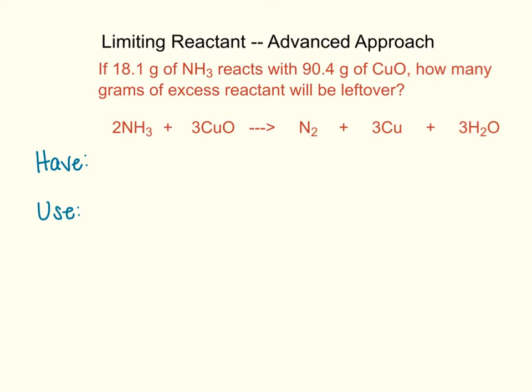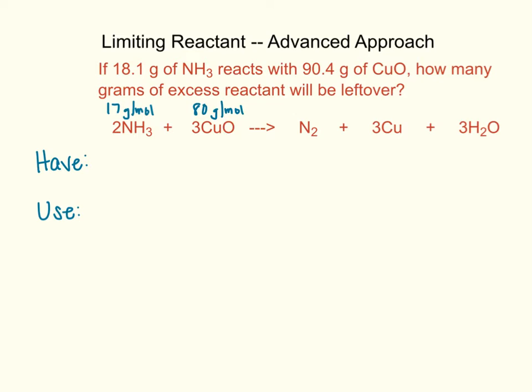So the very first step is I have to determine how many moles of each reactant I have. I have 18.1 grams of NH3 and 90.4 grams of CuO. Well, I know that my molar mass for NH3 is 17 grams per mole, and that my molar mass for CuO is 80 grams per mole.